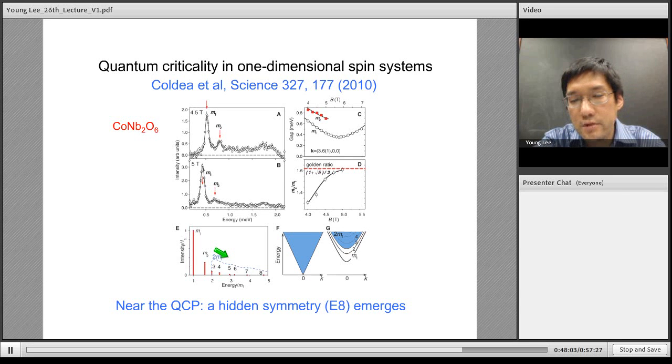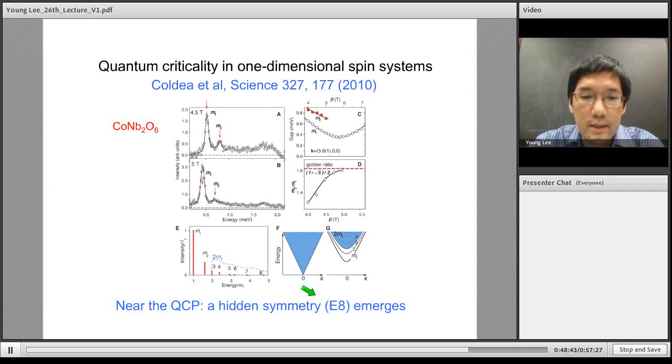There was some theoretical work long ago, I believe in the 80s, and I think by a particle physicist, who showed that there's a hidden symmetry in this transverse field Ising model near the critical point, and you should get 8 sets of excitations in this vicinity. There's something called an E8 group symmetry that emerges. And it's quite remarkable that the neutron experiments very nicely bear this out.